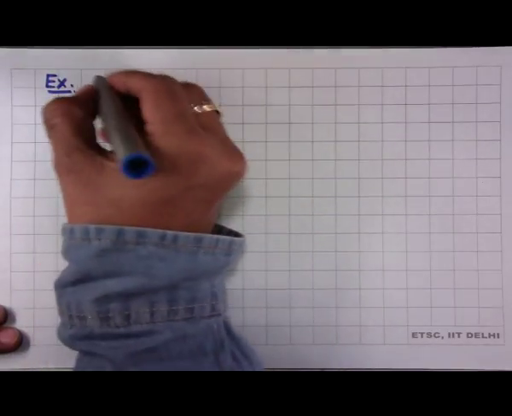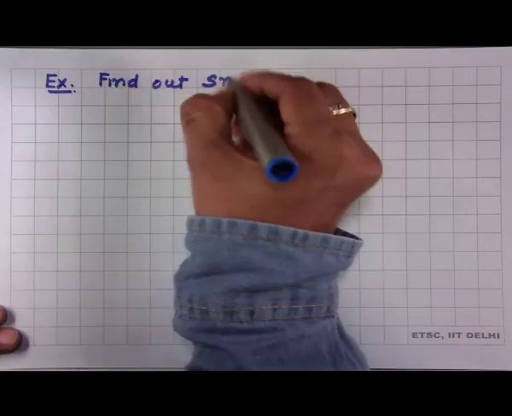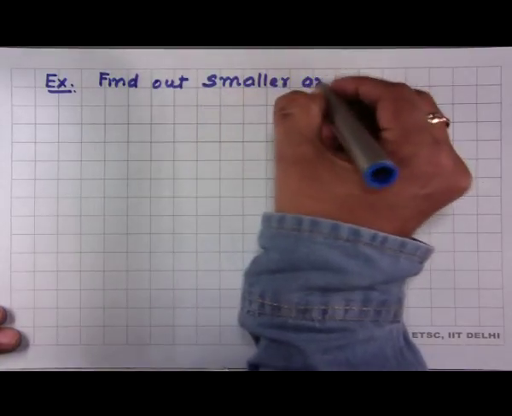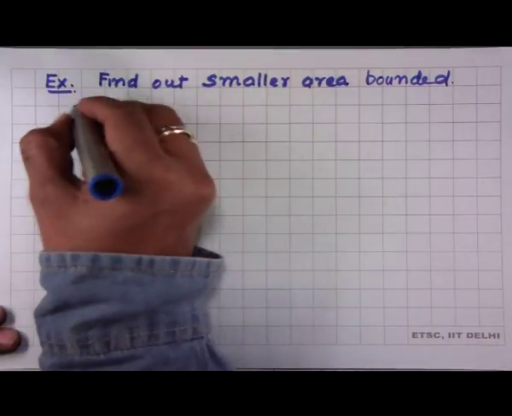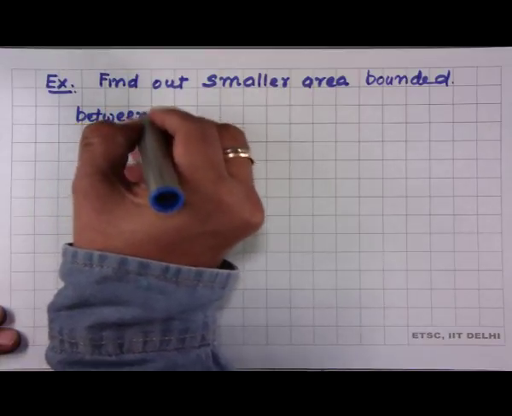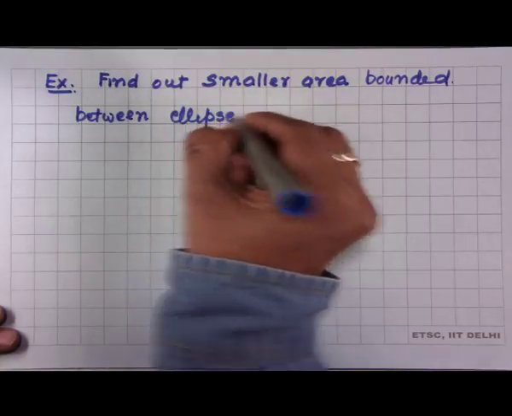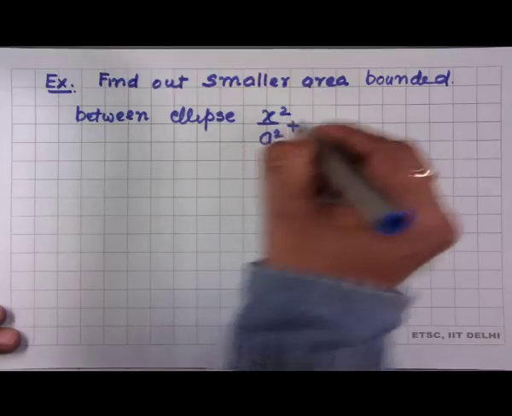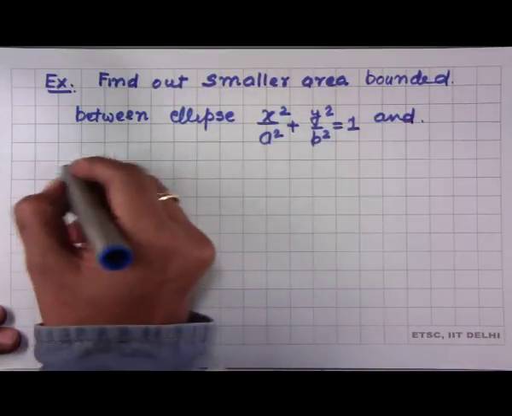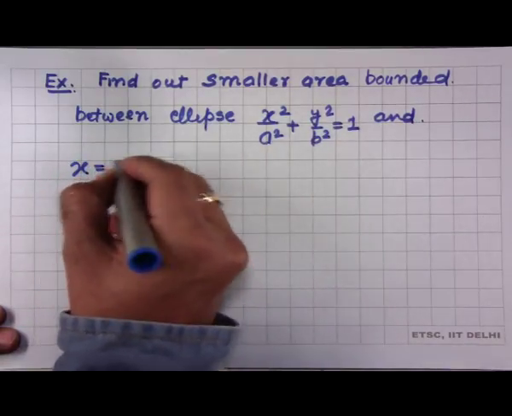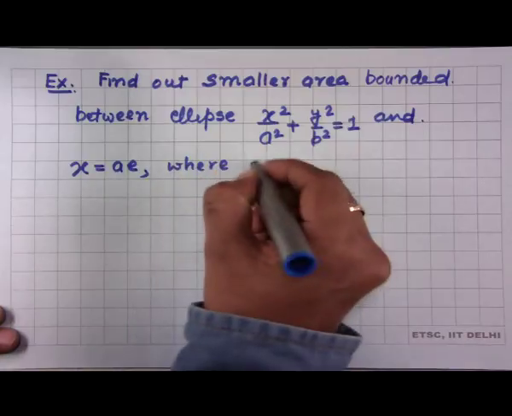Find out the smaller area bounded between the ellipse and the vertical line x equals to ae, where a is greater than b.